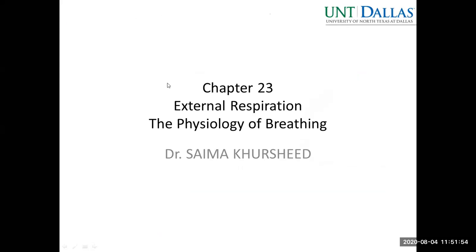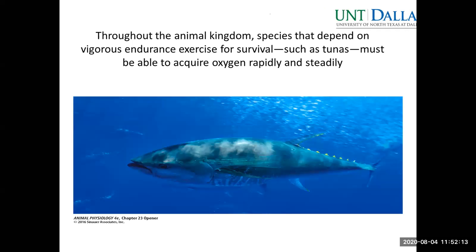So in this chapter, we will be talking about external respiration, that is, the physiology of breathing. We will open this discussion with the example of a tuna fish, and how external respiration takes place.